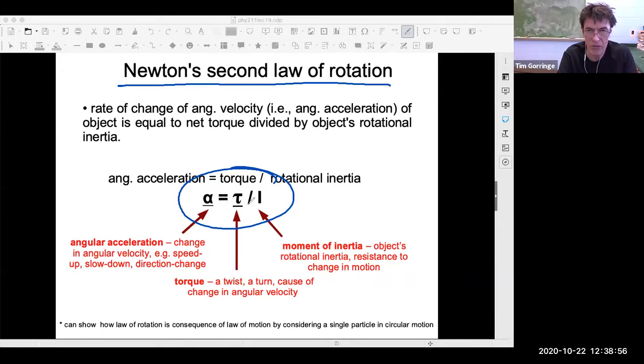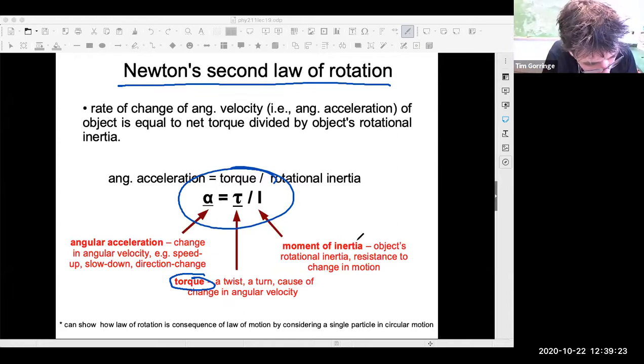And each of those three items in that little equation plays the same role as the corresponding items in Newton's second law of motion. So the torque, tau in the equation, that's that twist or turn that changes the motion of the rigid body. Like the force was the push or the pull that changed the motion of the rigid body.